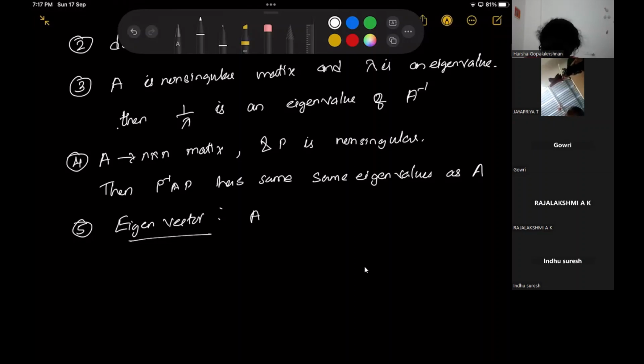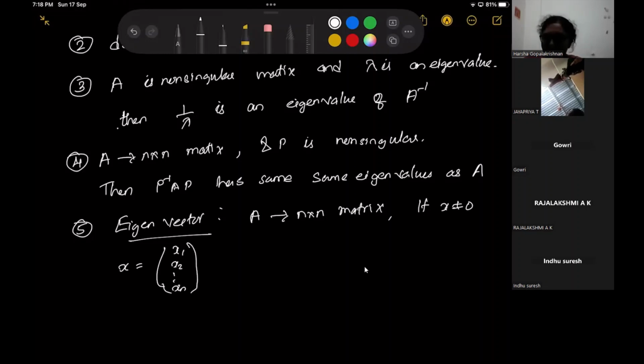If A is a square matrix of order n by n, and x is non-zero, x equal to x1, x2, etc., xn, it is a non-zero vector, such that Ax equal to lambda x for some scalar lambda.